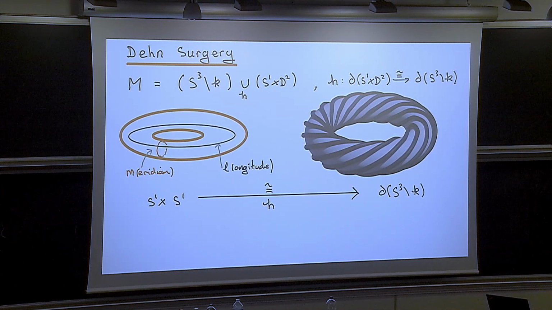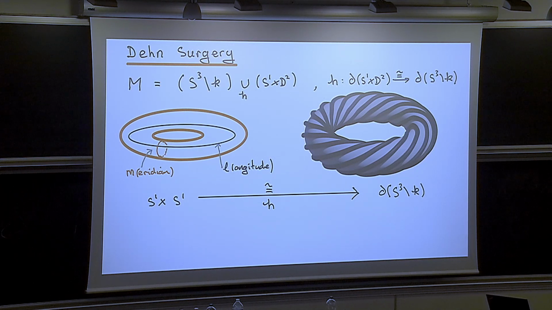So let's have a look at an example. In orange, I have the boundary of the knot. In this case, I've taken the trivial knot, so it's just a circle embedded trivially in 3-space. So the orange thing is, if you like, the boundary. And then we can think of the surface of this torus as being determined by a meridian path and a longitude.